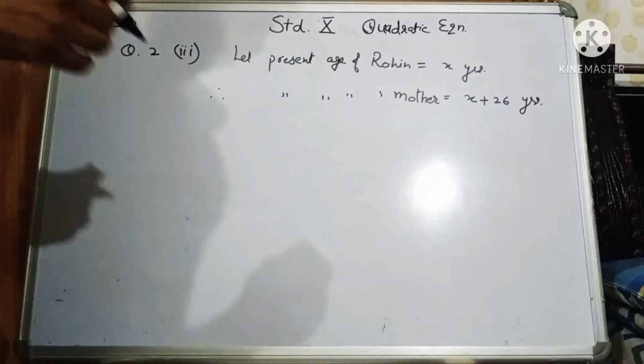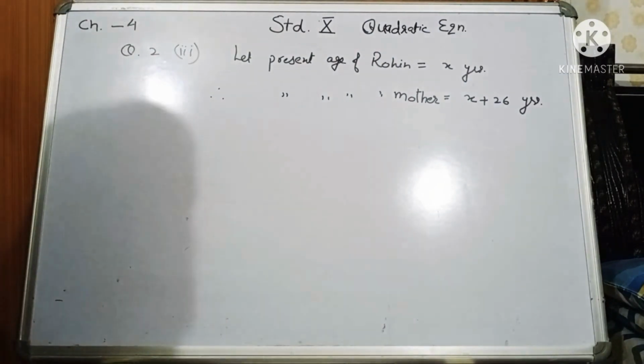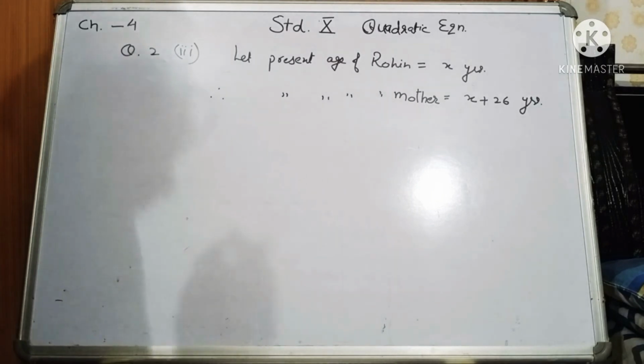Now read the next statement. The product of their ages 3 years from now will be 360.